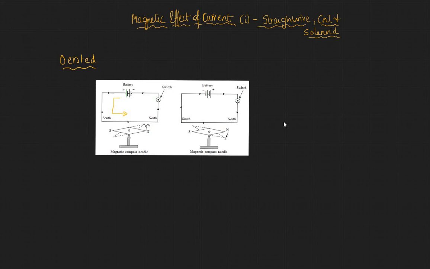And as the direction of the current was reversed, it was observed that the direction of deflection changed in the magnetic compass. So this was the first time someone discovered the magnetic effect of current.